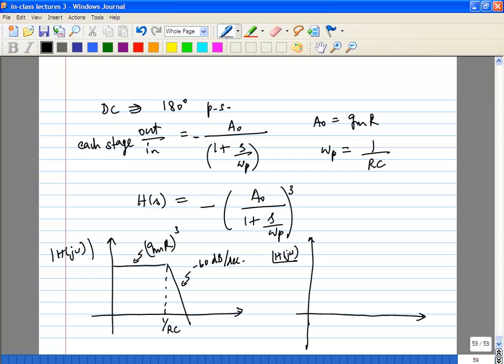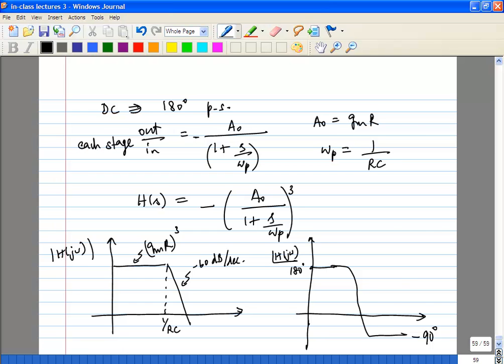Okay, and so let's plot the angle. To start off with, 180 degrees. Actually, let me draw it a little bit. And at the end, this is minus 90 degrees, the final phase.